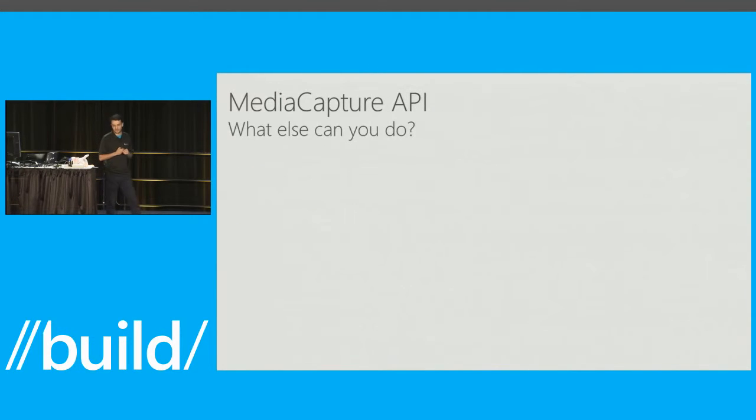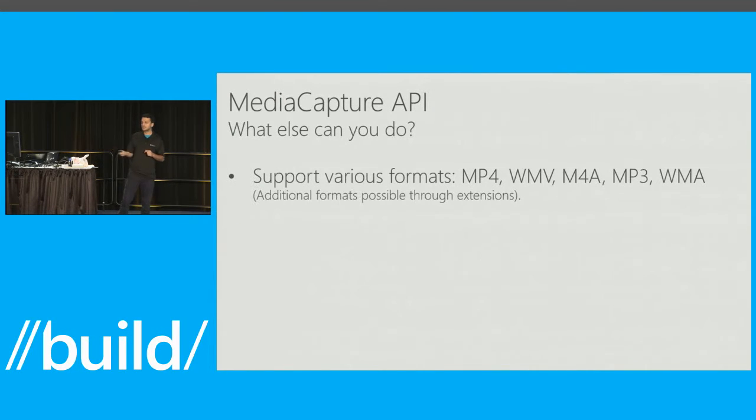Now, what else can you do with these media capture APIs? You can support various formats like MP4, WMV, M4A, MP3, WMA, and additional formats are possible through our extensibility model, which we will talk about soon.